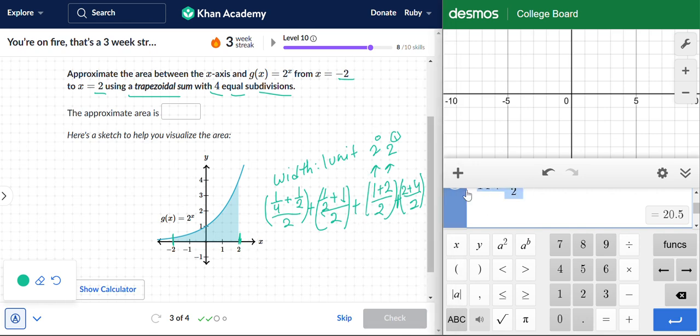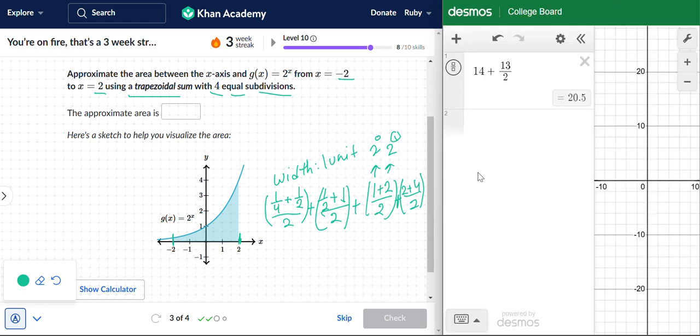So plugging all of that into a calculator. Let me see if I can zoom out because I can't even see a thing here. Okay, there it is. 1/4 plus 1/2.